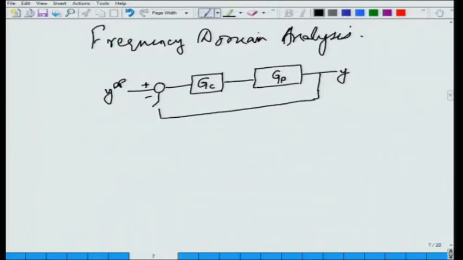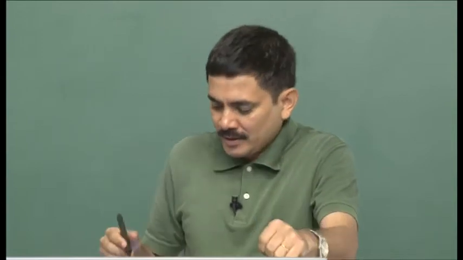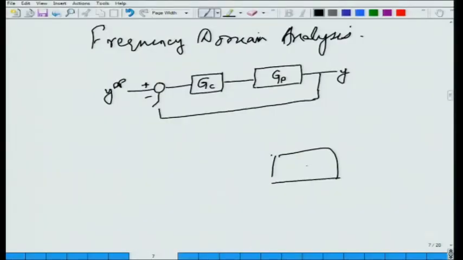Now, there is something in linear systems theory: if there is a linear dynamic system, even if it has dead time, and you force it with a sinusoid, meaning I have a linear system with a transfer function g, an input and an output, and the input is a sinusoid, then the output would also be a sinusoid.